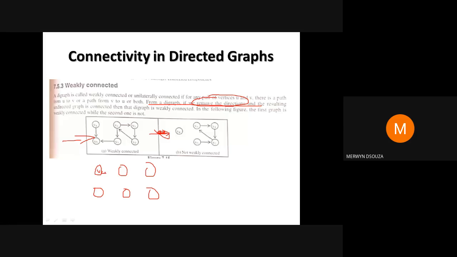The vertices will remain the same. The edges also will remain the same, but you are not putting the directions.